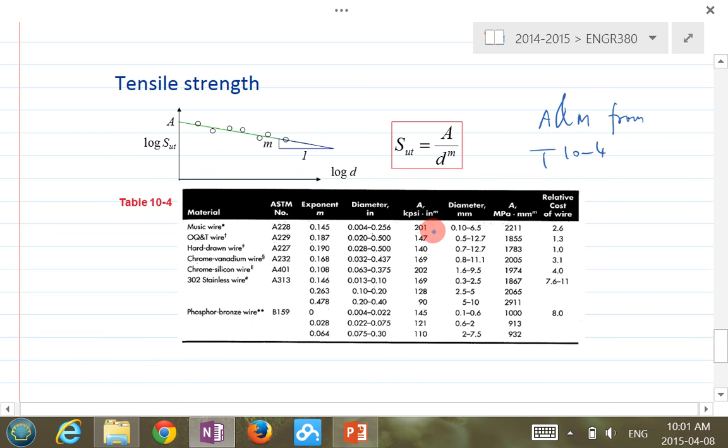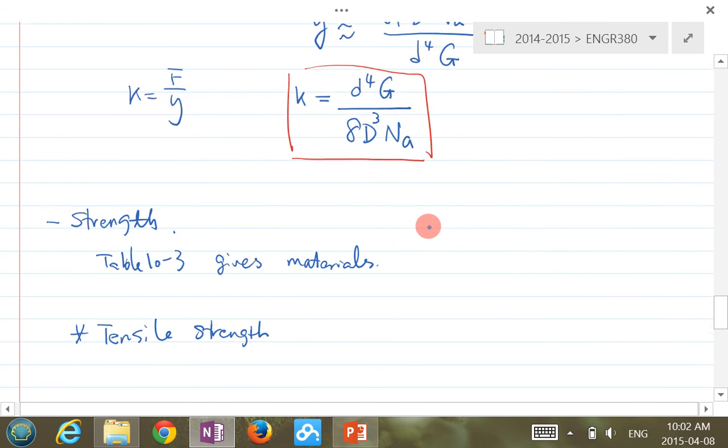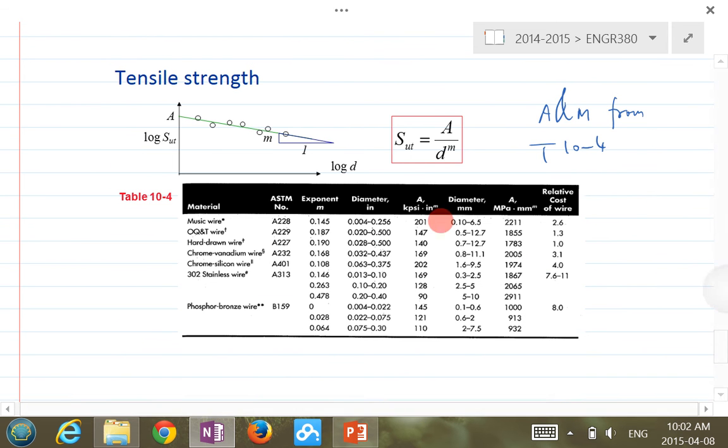For A, there are two different units here. A is this one here, in kpsi times inch to the power of m. That's how you find your A and m.